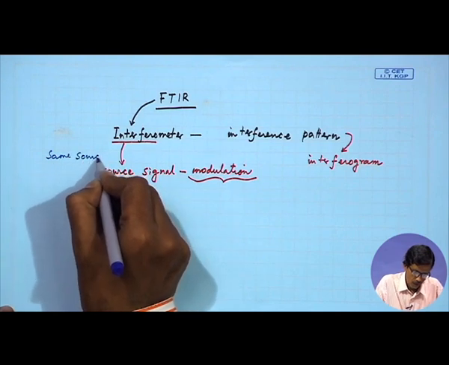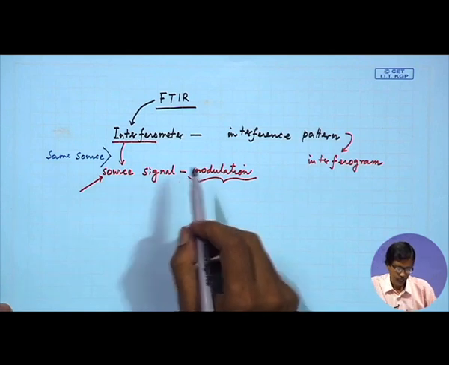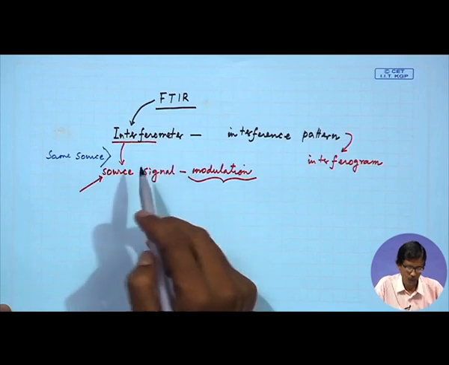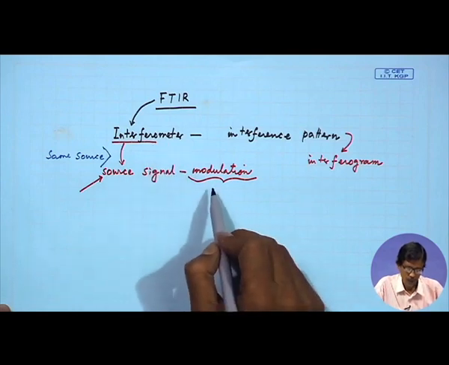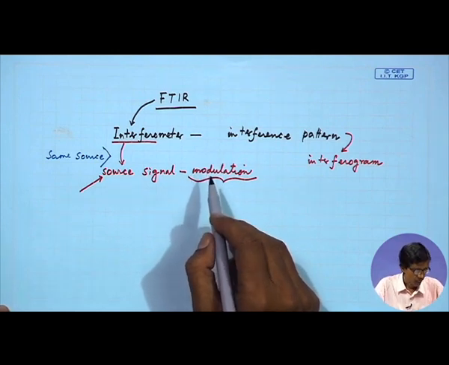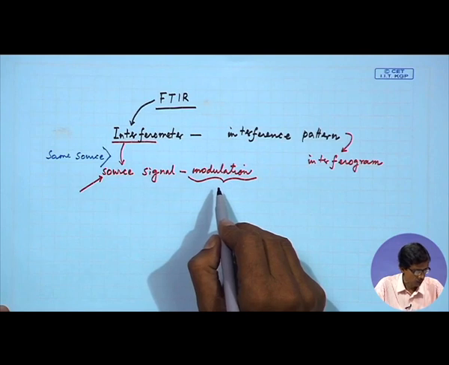The same source we can use for another type of spectrometer, that means the dispersive spectrometer. For FTIR also the same source we can use, but at the same time we can also have the laser housing, and that laser also can give you this particular type of modulation.